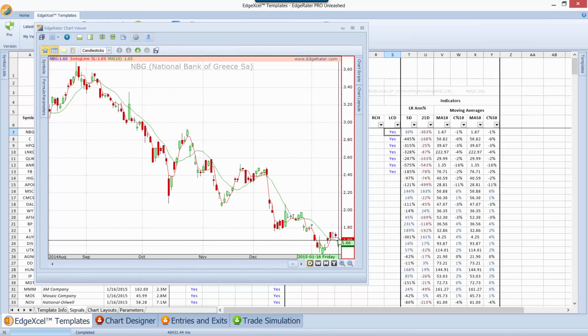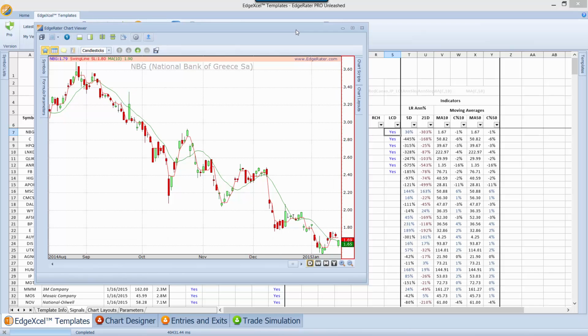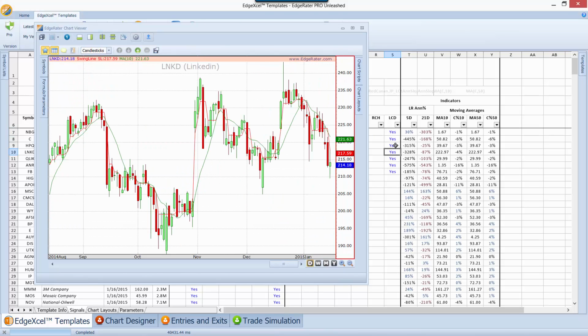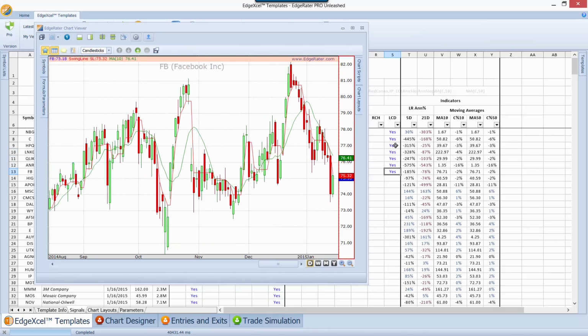So in this case, the doji was 2 bars ago, and today's close, or the last close I should say, was lower than the low of that doji bar. And all of these 7 or 8 stocks will have that characteristic. We'll just go down through that list and you'll be able to see those. So that's high and low close doji.